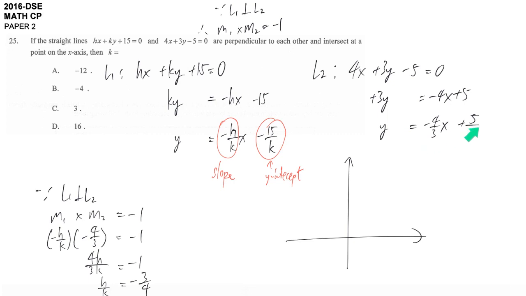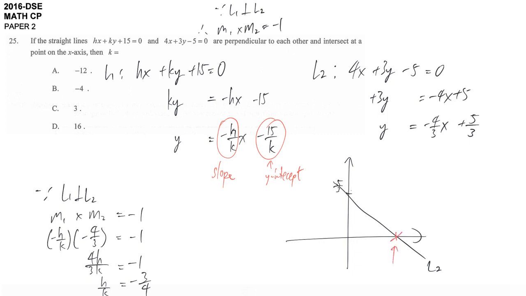The y-intercept of the second line is 5 over 3, so it's around here, and then it's going downward. And L1 is perpendicular to that and also intersects at a point on the x-axis, so it intersects at this point.